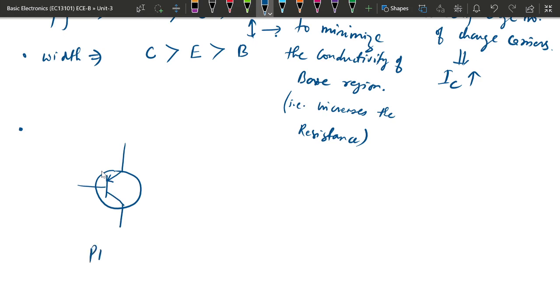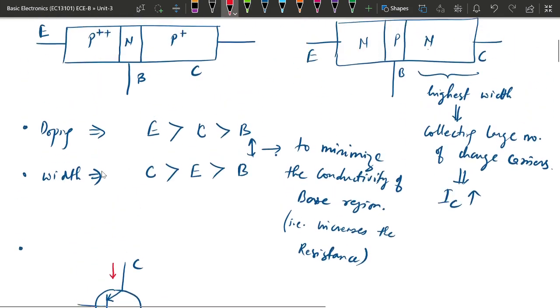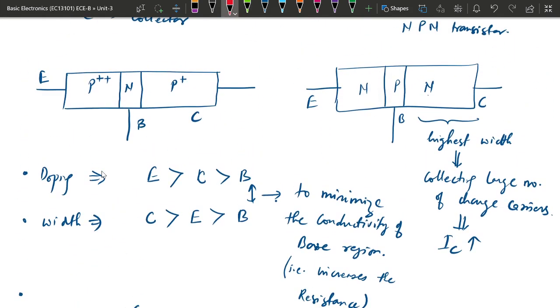So this is the PNP transistor. This is the collector region, this is the base, and this is the emitter. This arrow indicates the current direction. So the current will be passing through here and here. This is the direction of current in case of the PNP transistor.